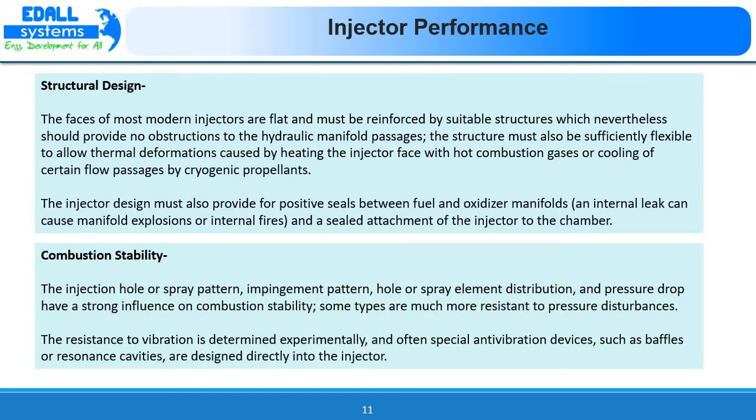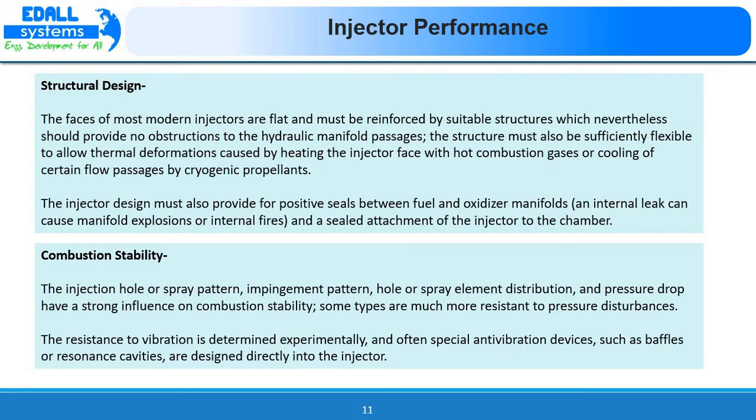The injector hole or spray pattern, impingement pattern, hole or spray element distribution, and pressure drop have a strong influence on combustion stability, and some designs are much more resistant to pressure disturbances. So if any of these parameters are altered, it may have a good impact on pressure disturbances.